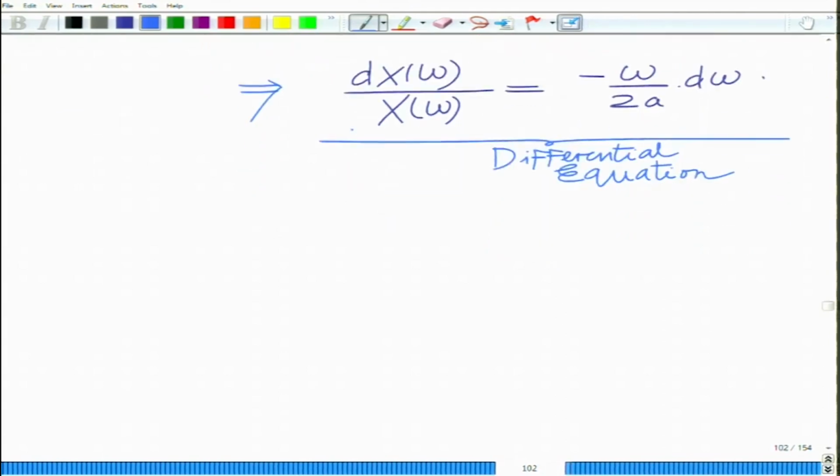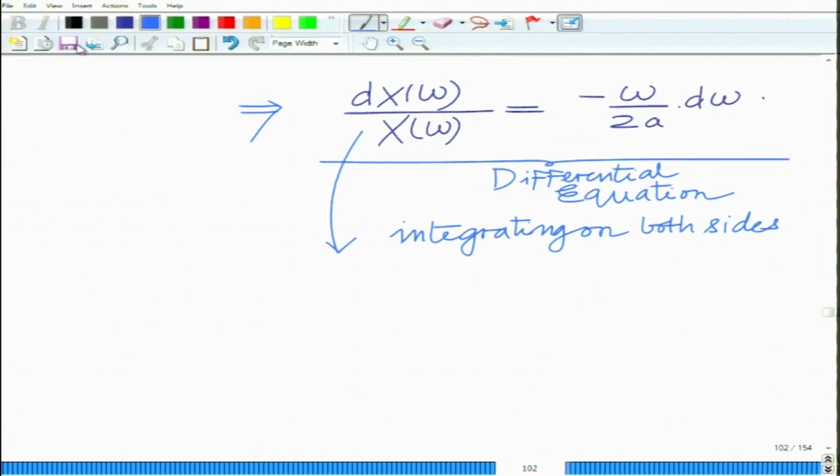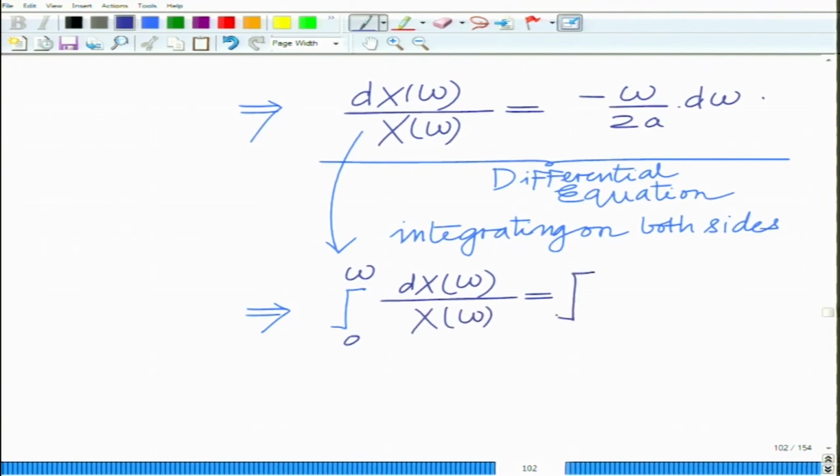Now, integrating on both sides, this implies integral 0 to omega dX omega over X omega equals integral 0 to omega minus omega over 2a d omega.